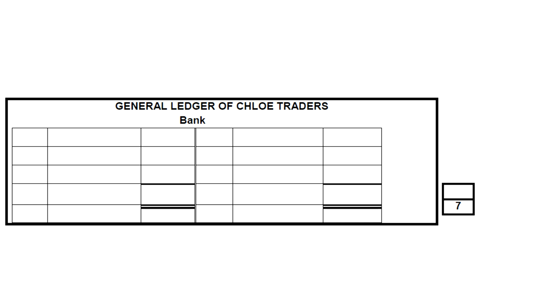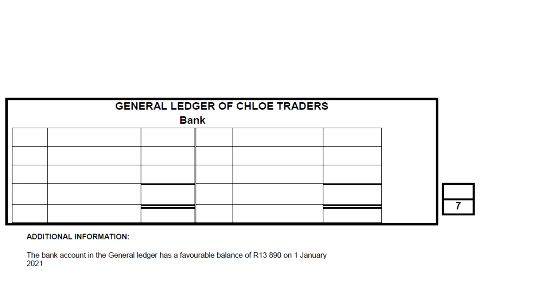Remember the additional information I said we're going to use to prepare the bank account. We're given that the bank account in the general ledger has a favorable balance of 13,890 on 1 January 2021. This is what I was talking about at the beginning of the video. If you forgot, feel free to go back and look at where I talked about the favorable and the unfavorable. So now they tell us that the bank account in the general ledger has a favorable balance.